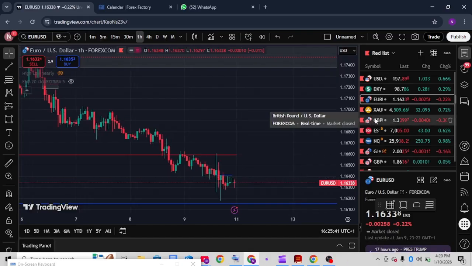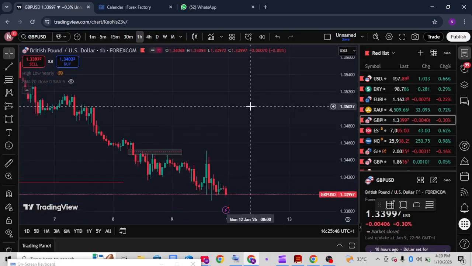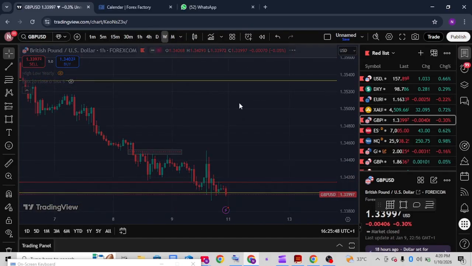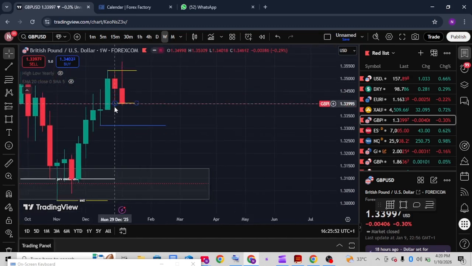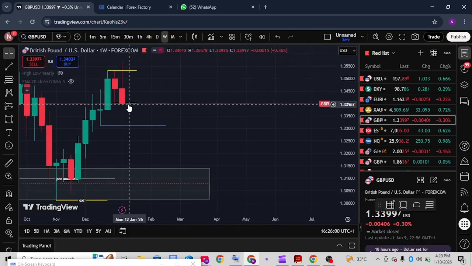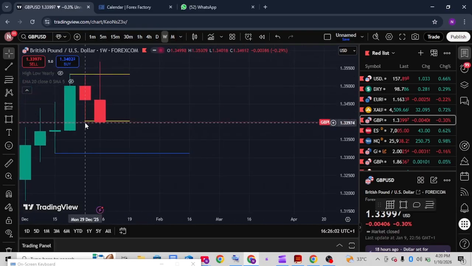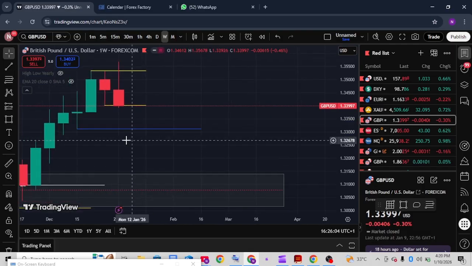So let me go back to GU. Let me show you something I said. So yeah, let's look at the weekly of GU. GU is closing below this candle. This last week, after I took out this high, cleaned those highs, it's closing slightly below the low of this candle.